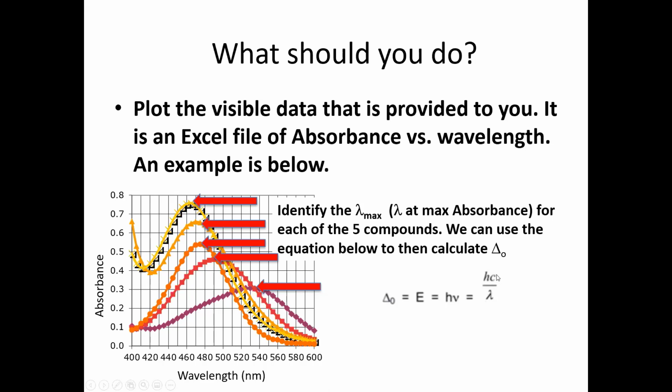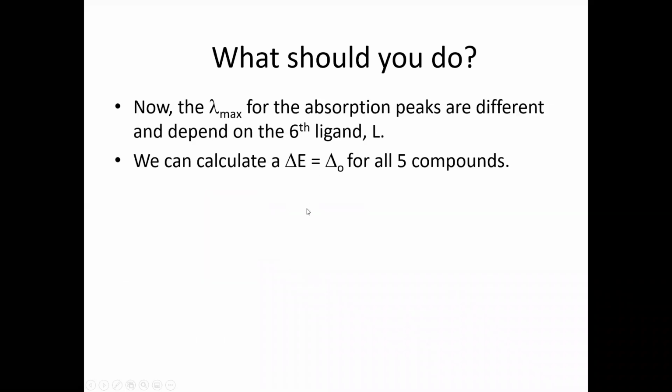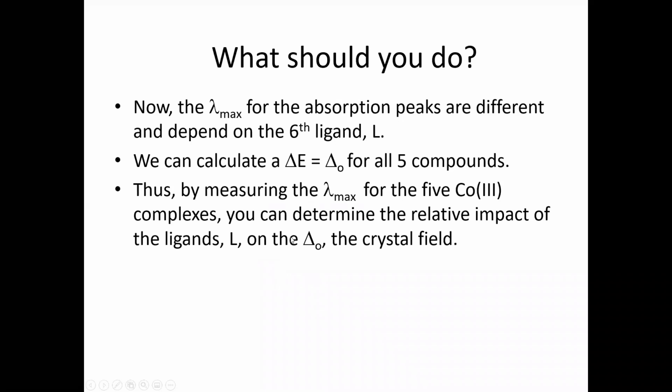And the speed of light is a constant. The h here is a constant, the Planck constant. So two constants, and you have the lambda max, and then you should be able to calculate the splitting energy delta zero. So we need to calculate the energy difference for all 5 different compounds.